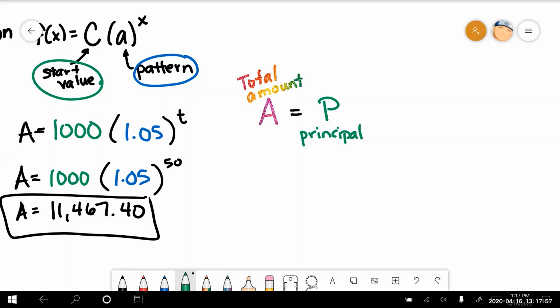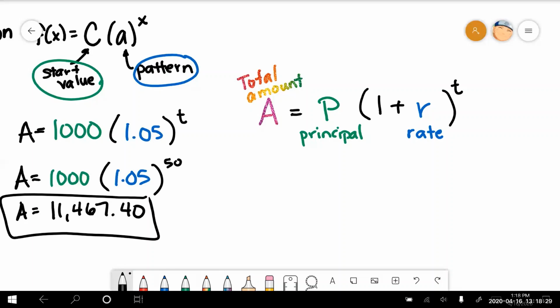It all works the same. Here's my principal, and I'm multiplying the principal not by the rate that the bank is giving, but 1 plus the rate that the bank is giving, right? That's how we got the 1.05. If the rate is 5%, then we do 1 plus that. And then finally, we've got time up here in the exponent because we are continuing to multiply every time the rate is applied to our principal.